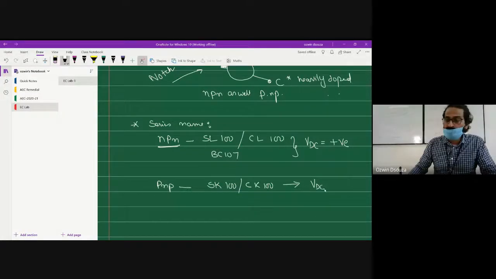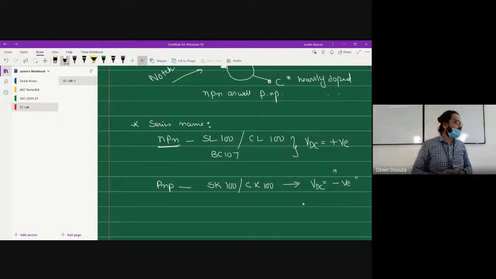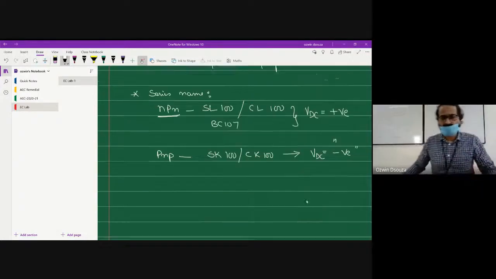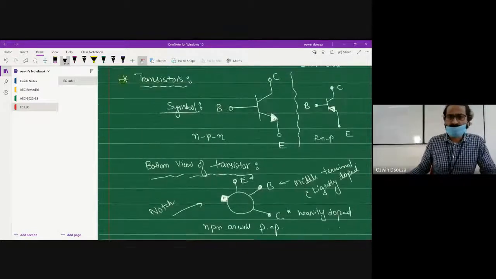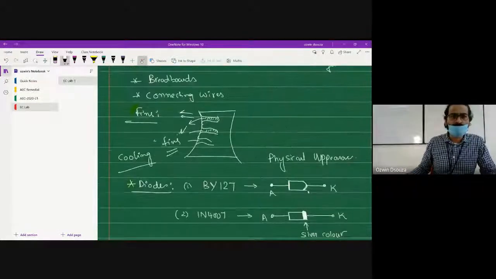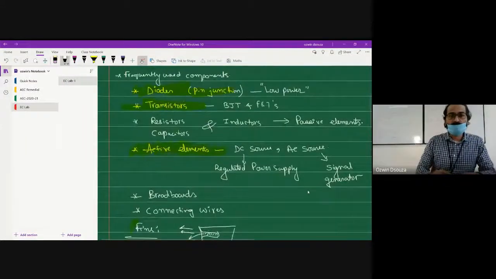The DC supply which you connect to a PNP transistor is negative. So that's about transistors. FET, I am not going to talk about presently. Sometime later let us deal with it. So we are done with transistors.